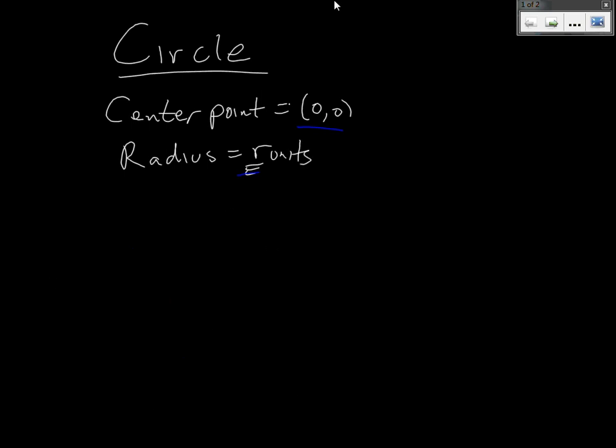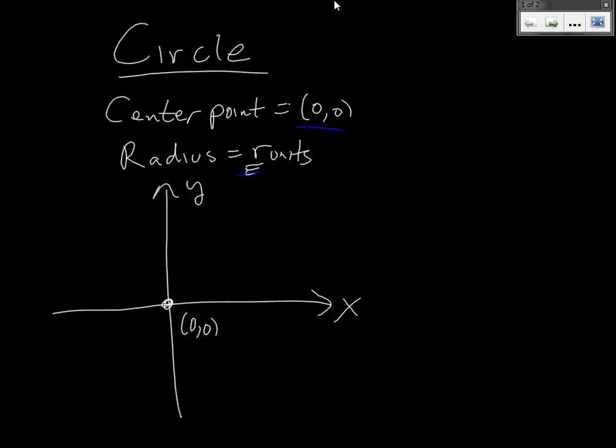So now let's find the general equation of a circle. So here's the point 0, 0, x-axis, y-axis. How does this point, this arbitrary point, get to be on the circle? Well, you can use the Pythagorean theorem if you like.